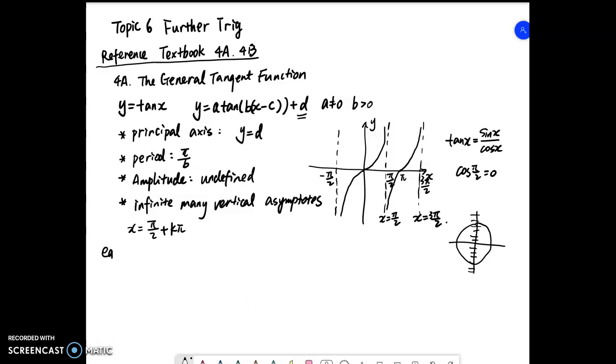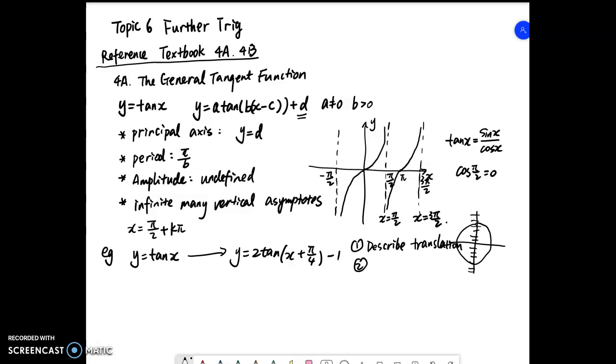I'll write here: from y equals tan x to y equals 2 tan(x + pi on 4) take 1. I want you to describe the translation. First task is to describe the translation. This is purely a revision from last term. Second, sketch the graph.